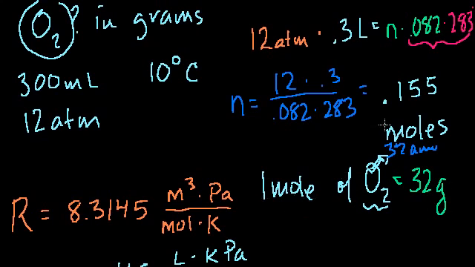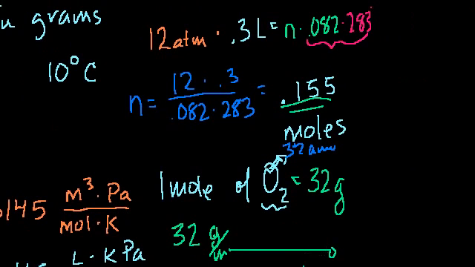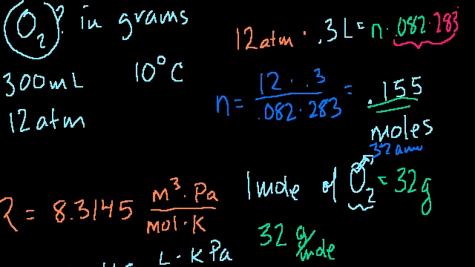Now we don't have 1 mole. We have 0.155 moles. So to figure out how many grams we have, we multiply 32 grams per mole times 0.155 moles, and we'll get our answer.